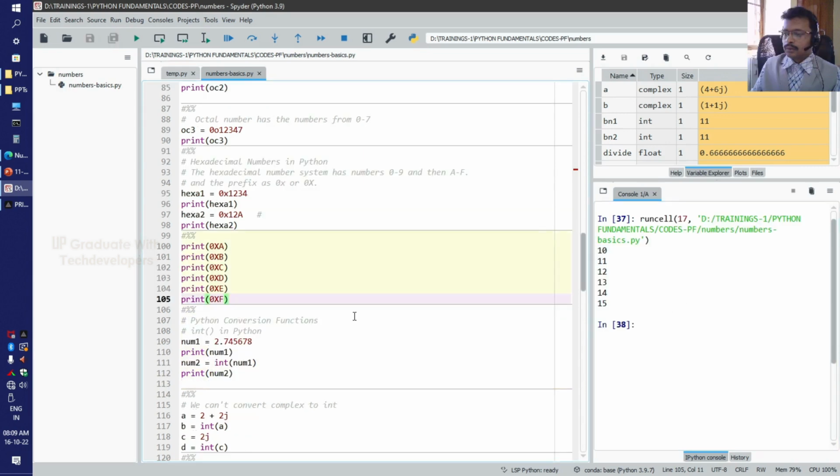Next we have Python conversion functions. Most of the time Python does the conversion as needed, but we can do it explicitly if we want. So these functions, Python conversion functions, allow us to convert one numeric type into another Python numeric data type.